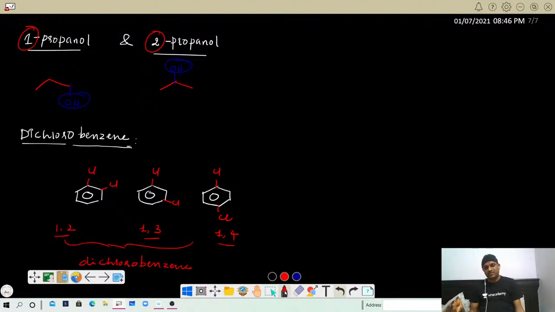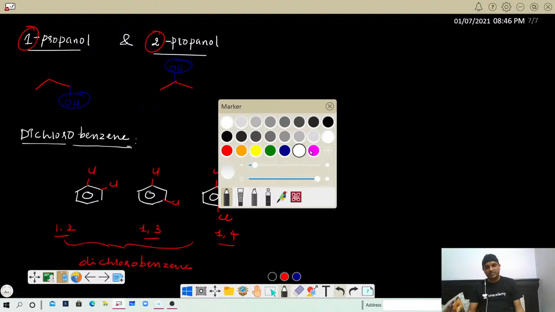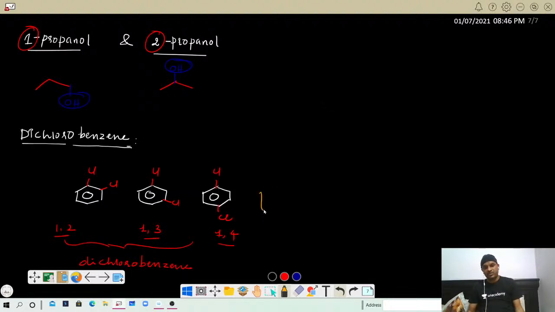That is the reason they are isomers. These three are said to be positional isomers.